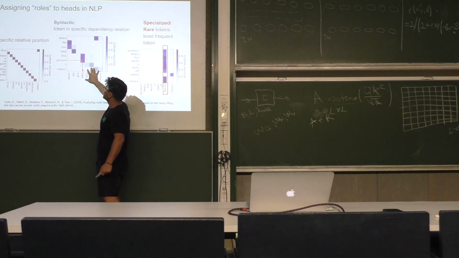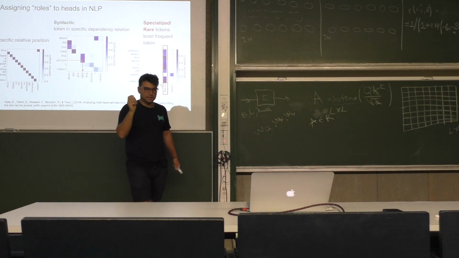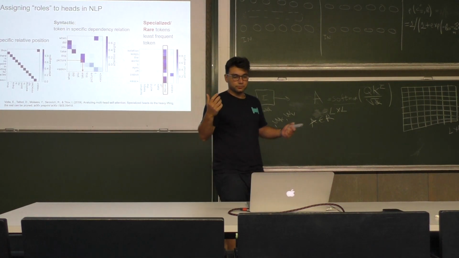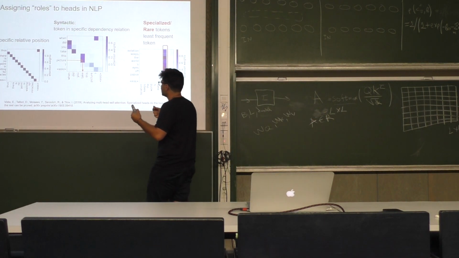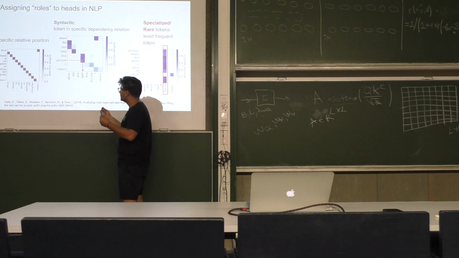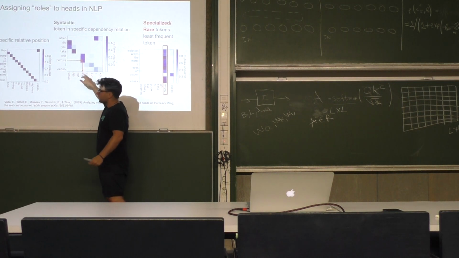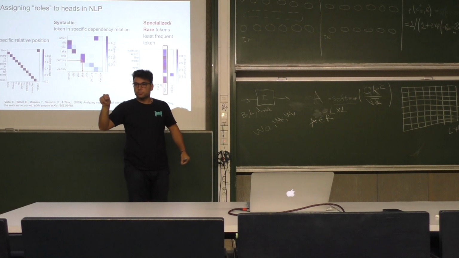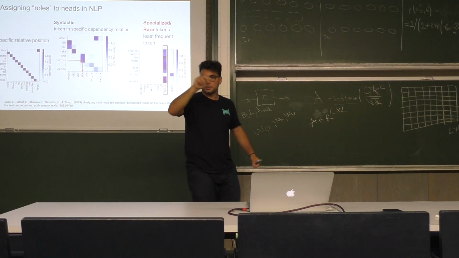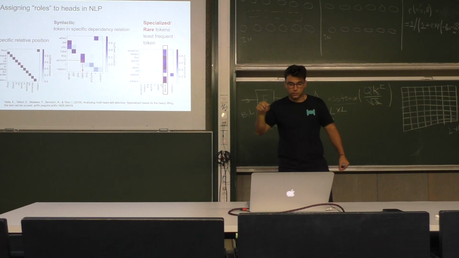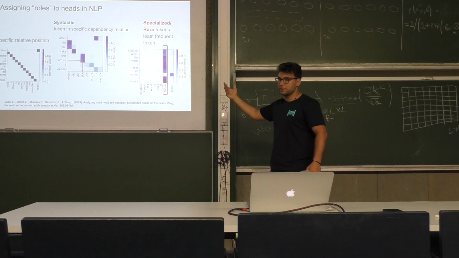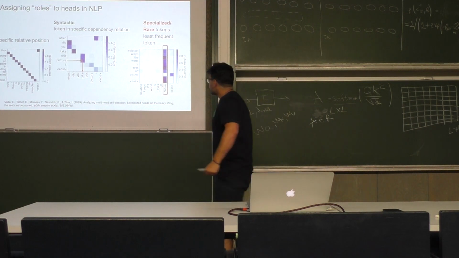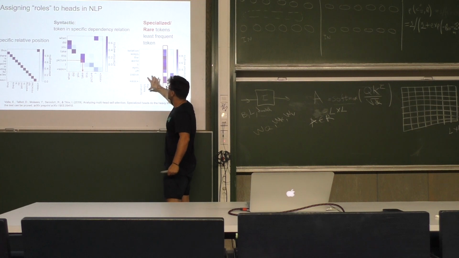But the most important is the syntactic head, which tends to assign most of the weights to different relationships in language, between noun and verb, or adjective and noun. These are called syntactic heads, but they are empirically observed. And then there are some really rare and specialized heads, and you see that this is changing.